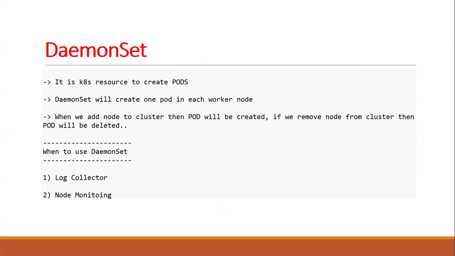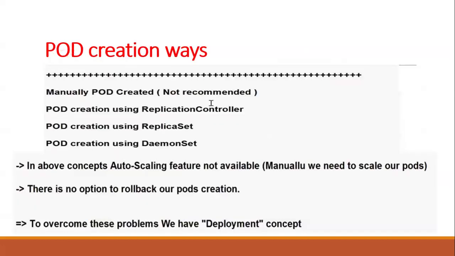When we add a node to the cluster, the pod will be created. If we remove the node from the cluster, the pod will be removed. So what pods will be created? Logs collector and node monitoring.